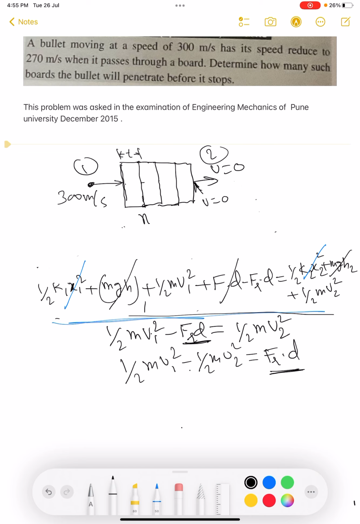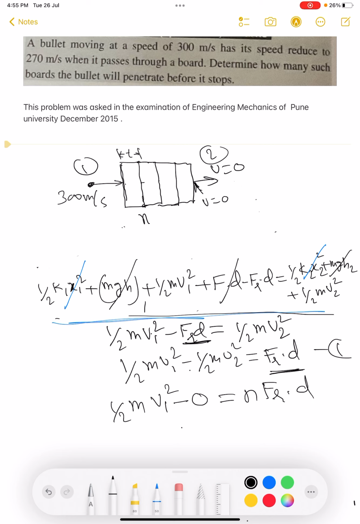So we write the same energy equation: half m v1 square, v1 is 300, minus 0, because v2 now is 0, is equal to n into Fr into d, right?